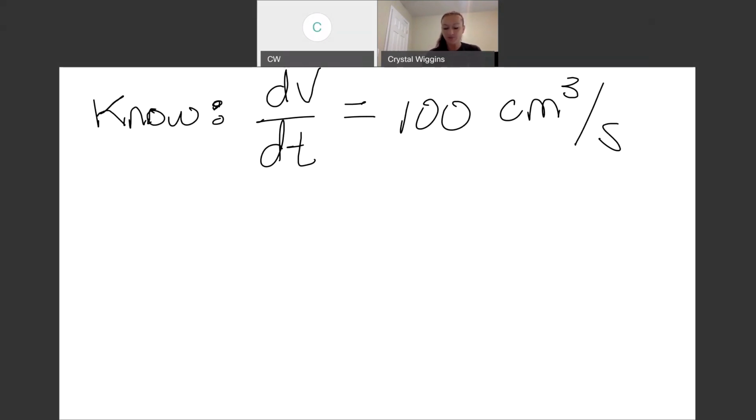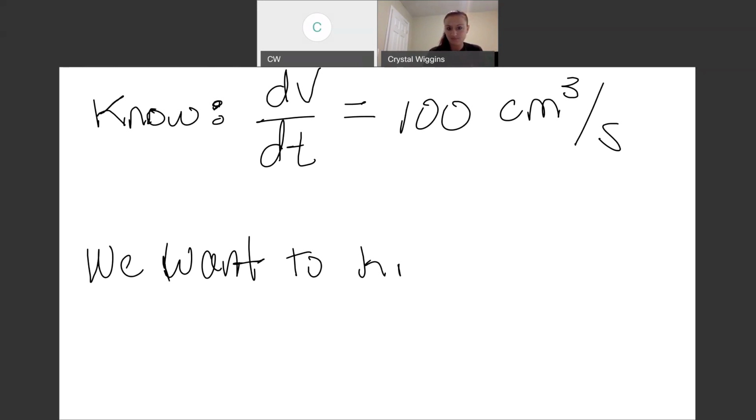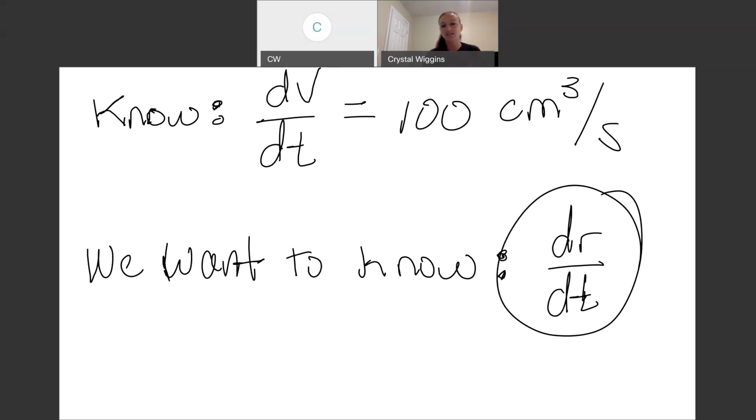But what we want to know is how fast the radius is changing. So that would be the derivative of the radius over the derivative of time, how fast the radius is changing over time. So this is what we want to find, but this is what we know.